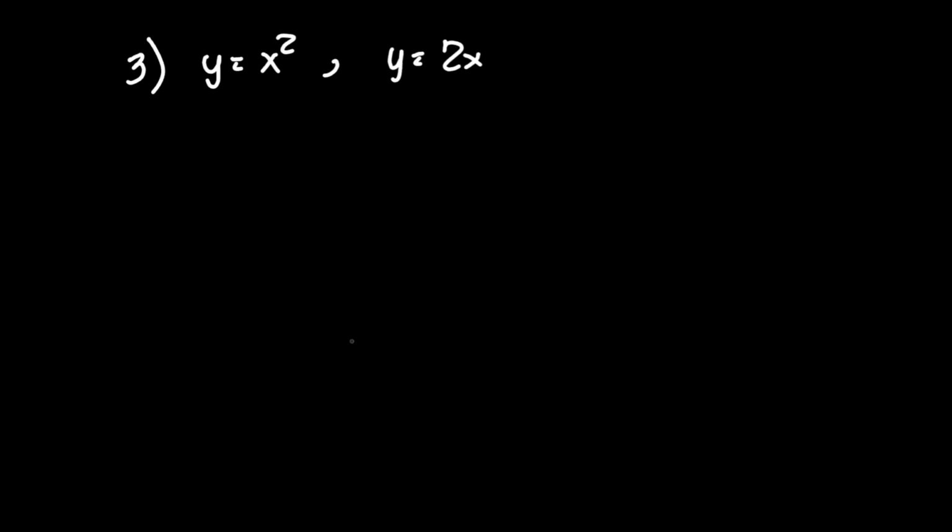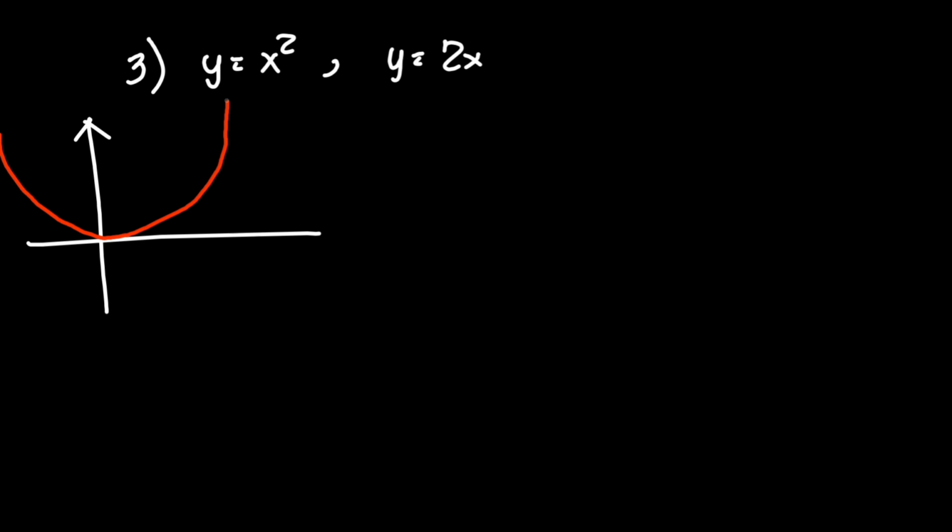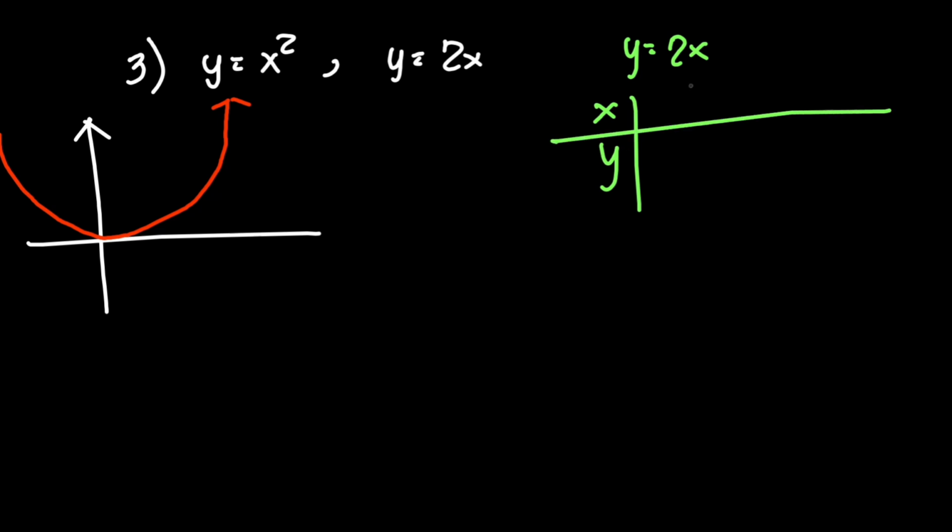Next example, y equals x squared and y equals 2x. So graph this first. For y equals x squared, we know that is a parabola, something like that. And y equals 2x. For y equals 2x, we can use the table method. If x here is 1, 2 times 1 would be 2.